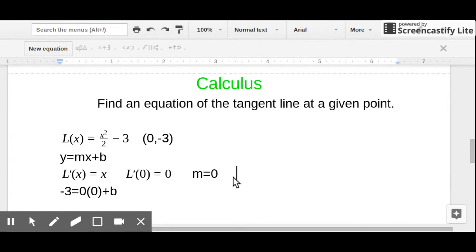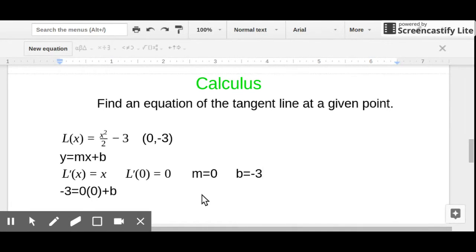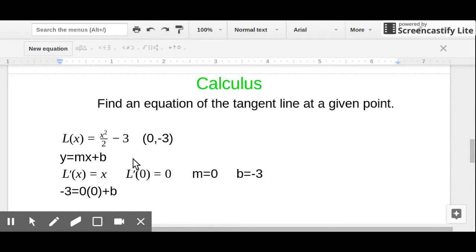So let's go ahead and write that up here. So b is equal to -3, because this just ends up being 0 here. Okay, so now we have it. Let's just write it right up here next to it. So y is equal to, our m is 0, and our x, and our b is -3.